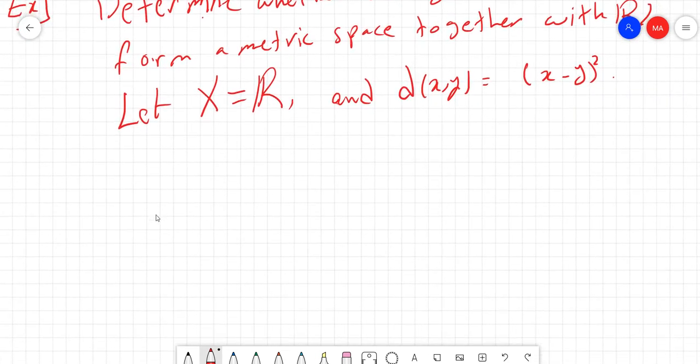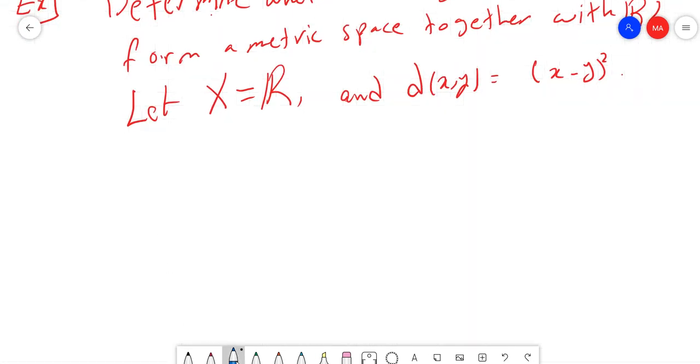Let us check. Clearly, the first condition holds because we have the square on the difference.